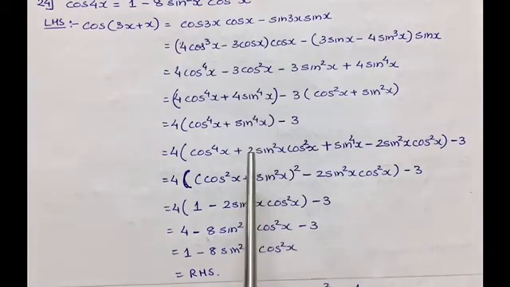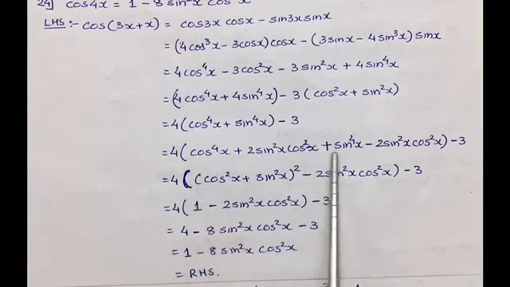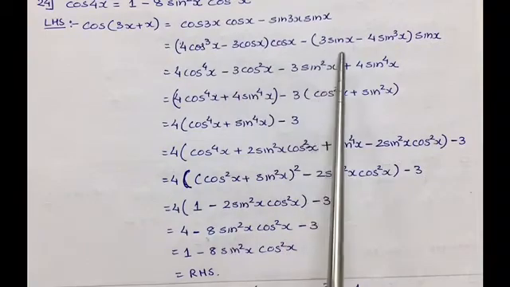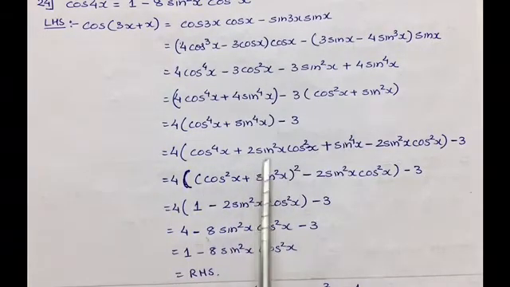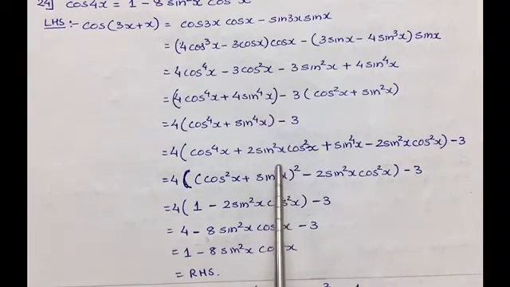So the method of simplification is very important. The most important step is applying the formula of cos 3x, sin 3x, and the next step is adding the middle term and subtracting the middle term. So these two steps are very important.